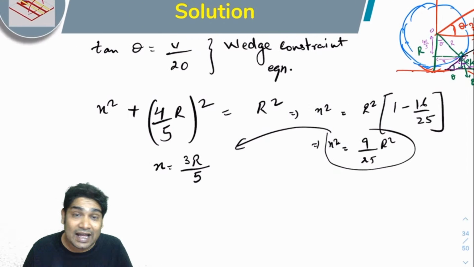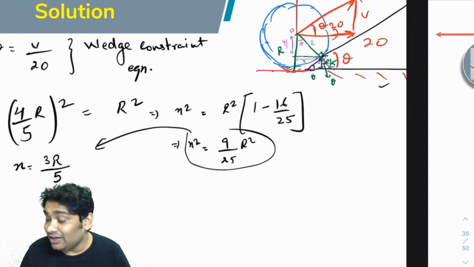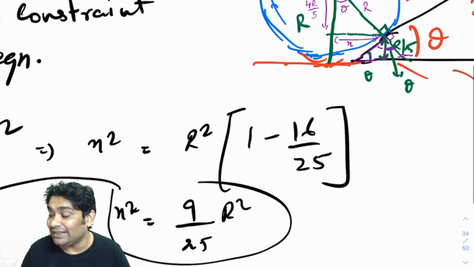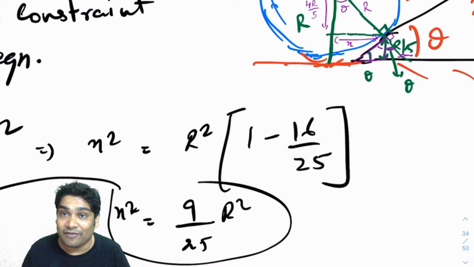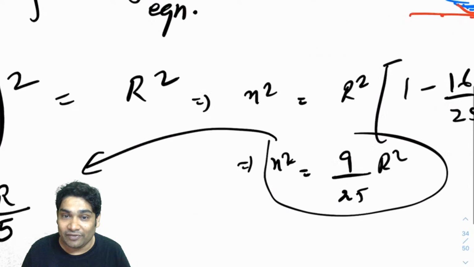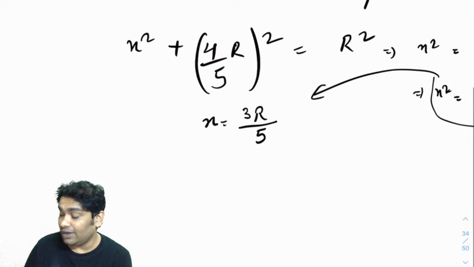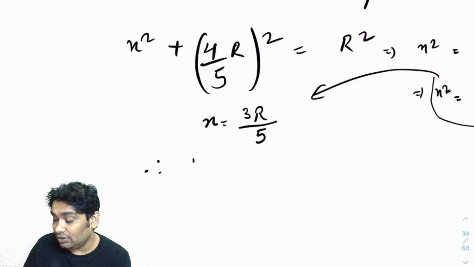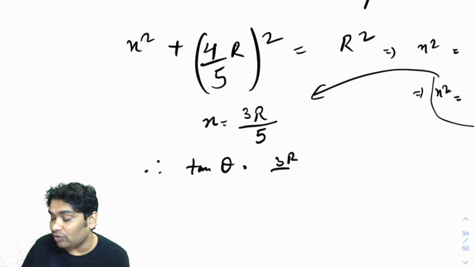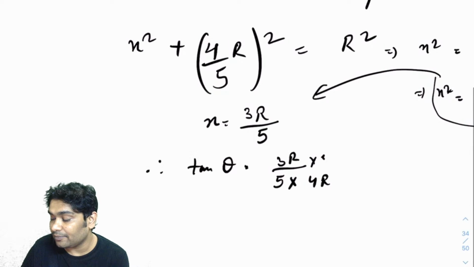Now once I have x, from this triangle see what tan theta is. Tan theta would be 3 by 4. Tan theta is nothing but perpendicular, which was 3r over 5, over base, which was 4r over 5.